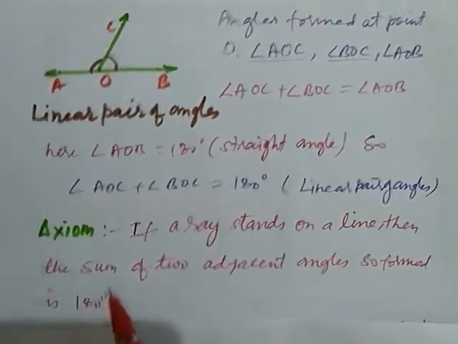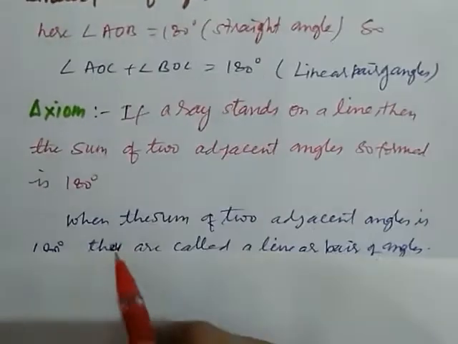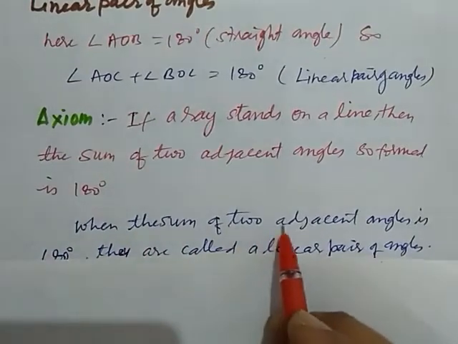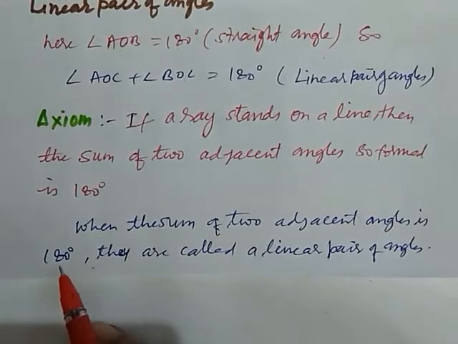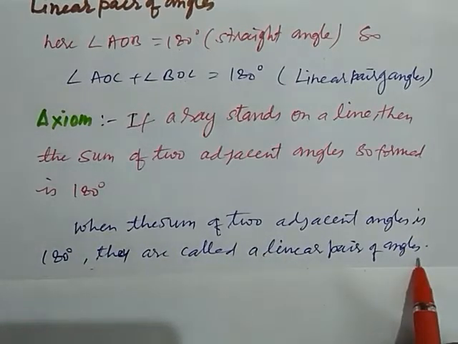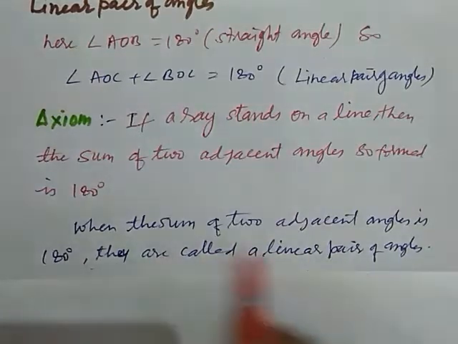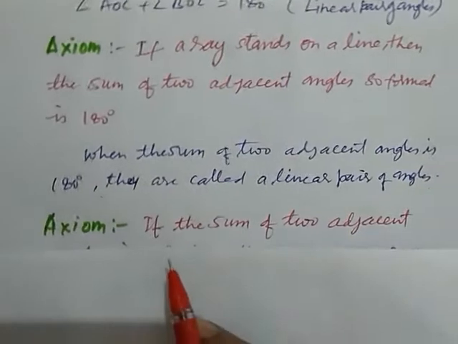This is the first axiom. In other words, when the sum of two adjacent angles is 180, they are called a linear pair of angles. Now the converse of that axiom.